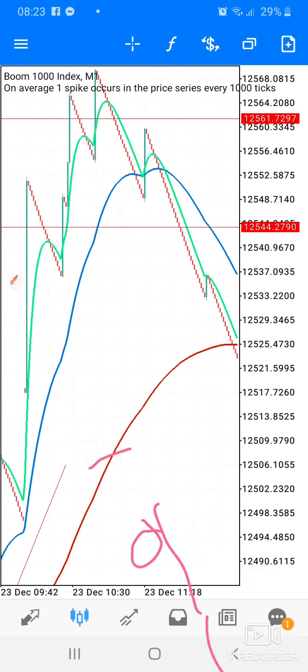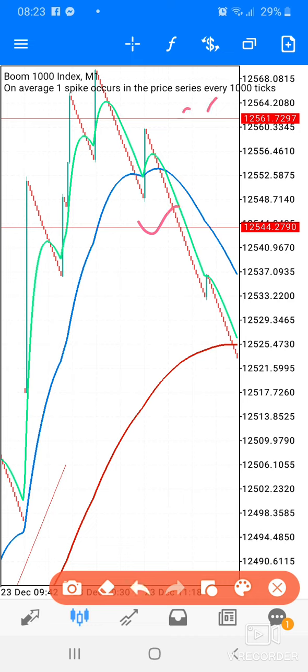So what is also important is this. I've noticed that through my years of trading Boom and Crash, spikes normally happen when there is a level of support and resistance. So you can draw your key areas, your key points, your turning points, your support and resistance, and you know that in these areas the market is going to reverse. Like here, I have my support, my resistance level.